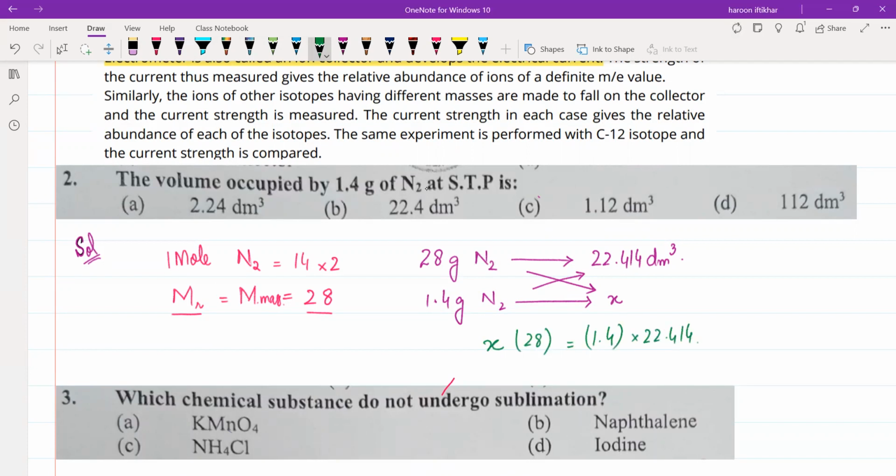So X will be equal to 1.4 multiplied by 22.414 decimeter cube divided by 28. The answer is 1.12. You can calculate this answer as well, but the method is same. X is equal to 1.12 decimeter cube. Okay, that's your answer. So it's a very simple way to solve this question.